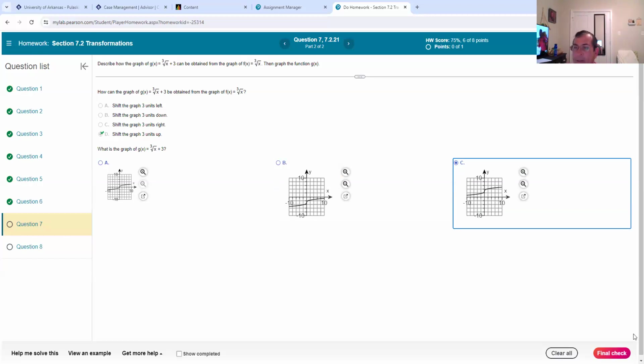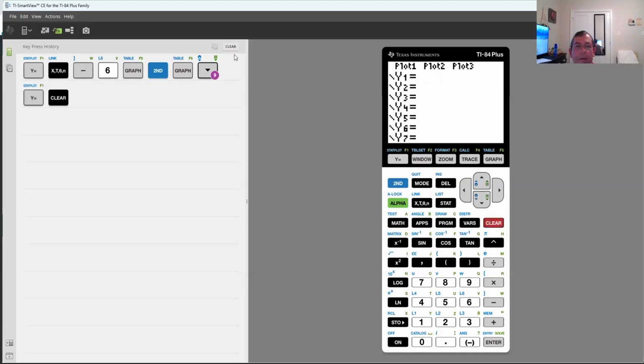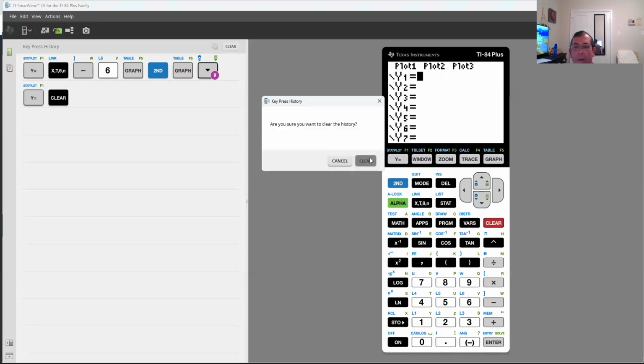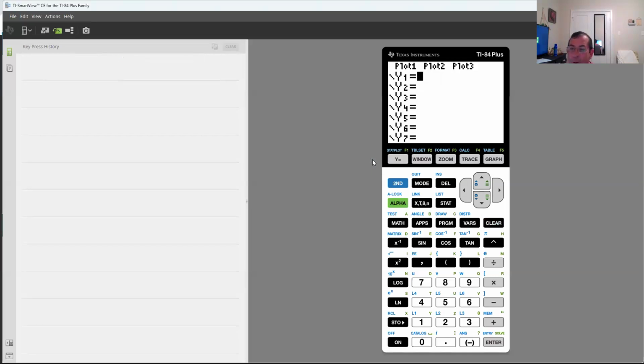But y'all watch this. If you want to know what the graph looks like for sure, we got a calculator, right? So go to y equals, clear this stuff off. We had a cube root. So to get a cube root, you hit the math button and you see number 4. That is a cube root.